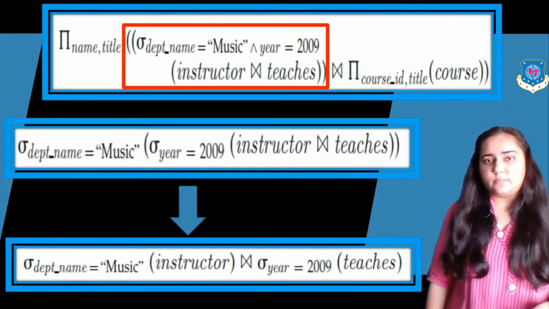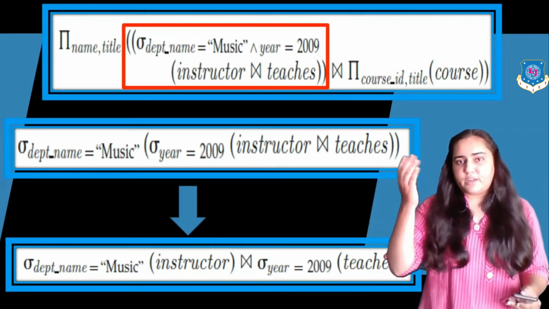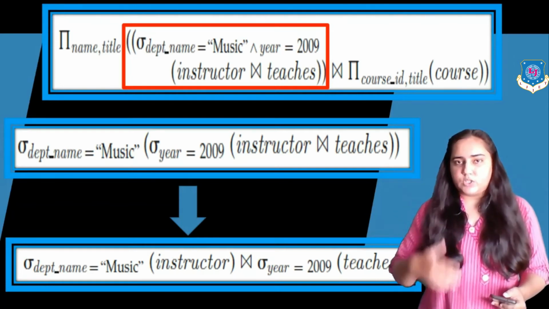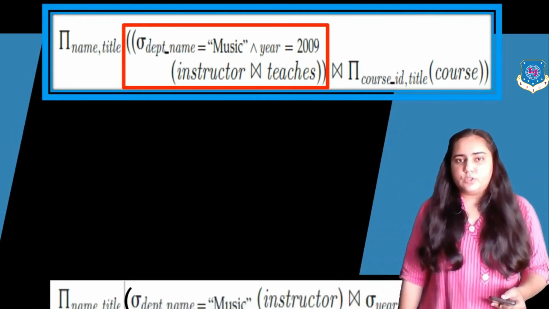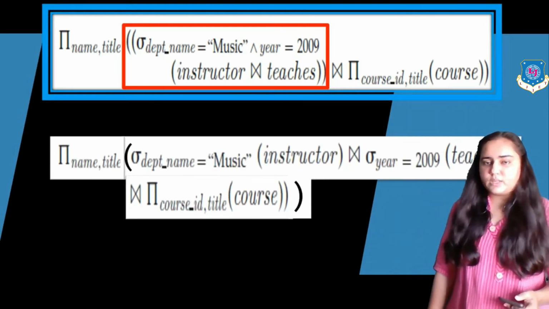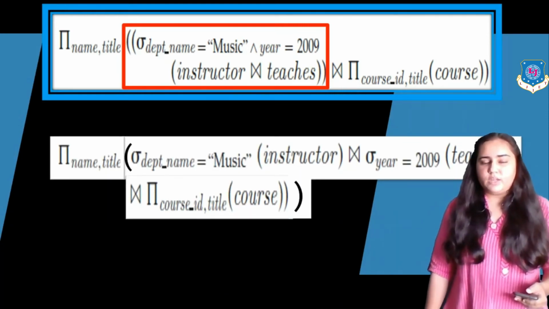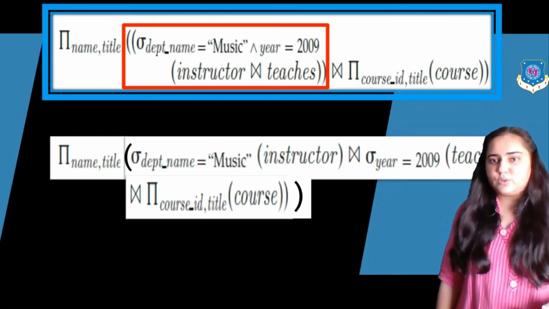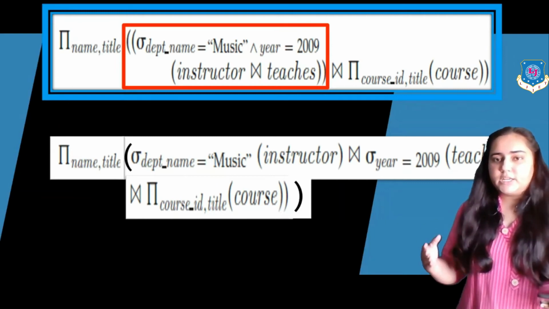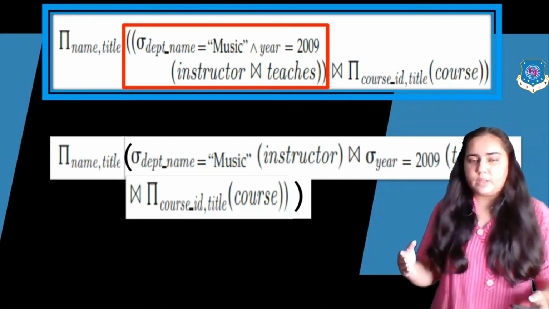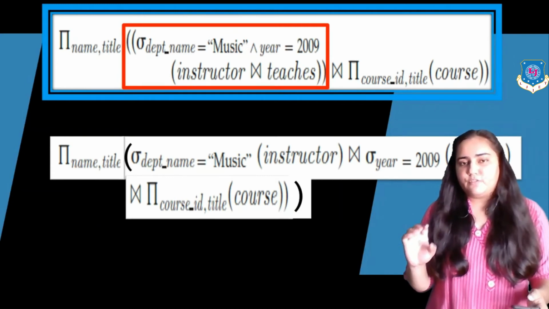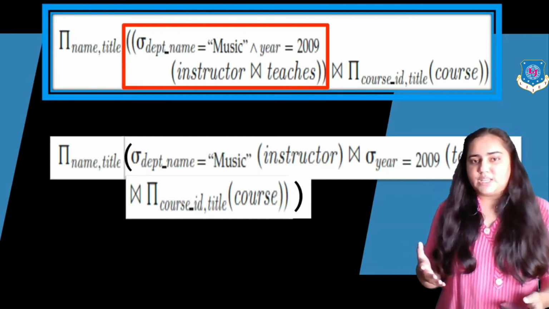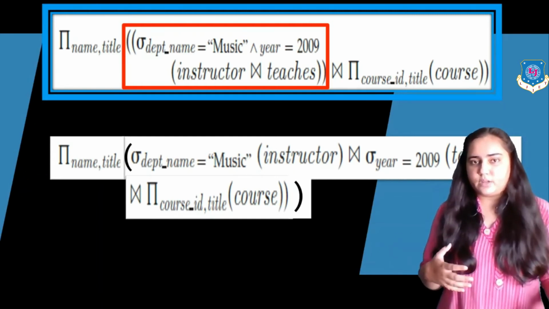Now, once this is ready, I can now modify my previous query from where I modified only a part, the red part. I can change that now. So the query would look like this now. You can see here in the query, there is a pi name comma title, which remains as it is. But you can see there are separate conditions applied to each and every table. For example, to the course table, I have applied a pi condition where I'm taking course ID and title from the course.